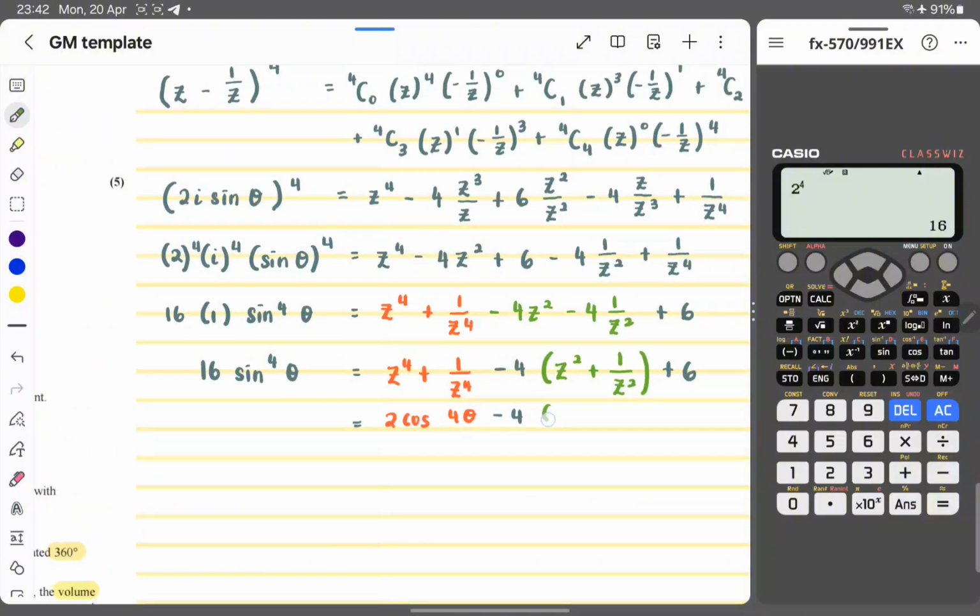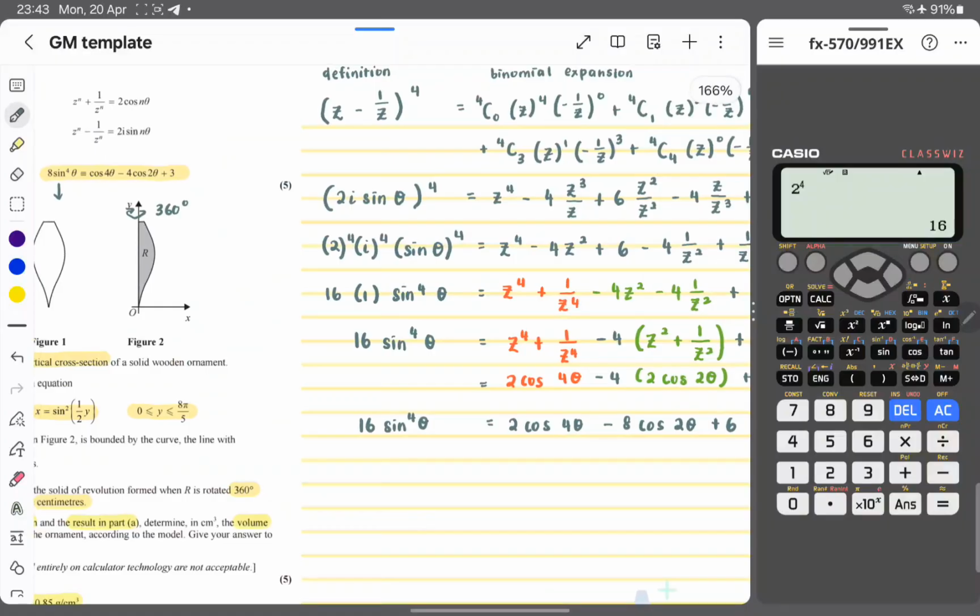Here is also plus, so it will become 2 cos 2 theta plus 6. Let's expand and simplify. We will get 2 cos 4 theta minus 8 cos 2 theta plus 6. This is actually equal to 16 sine to the power of 4 theta.